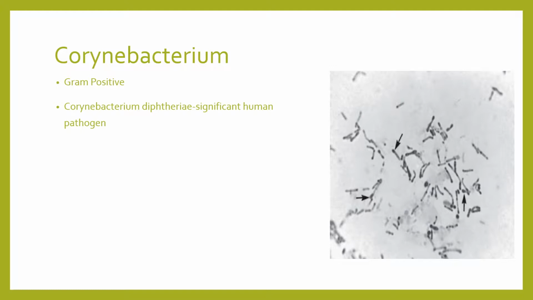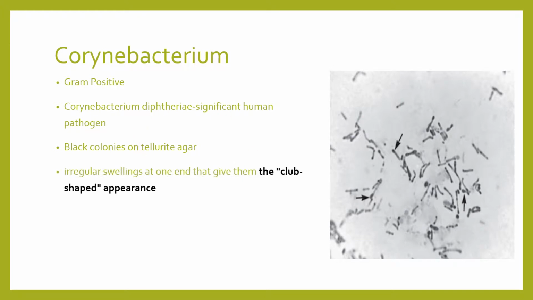The significant human pathogen here is Corynebacterium diphtheriae. It usually forms black colonies in tellurite agar, and it has an irregular swelling at one end and a club-shaped appearance, as you can see in the microscope.